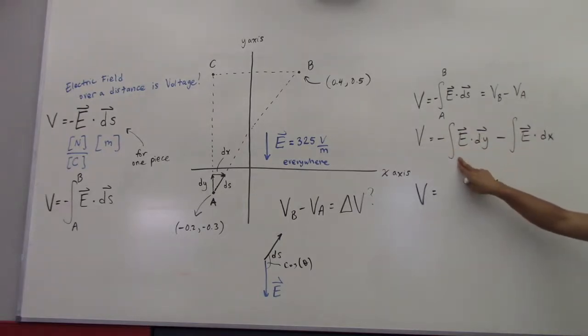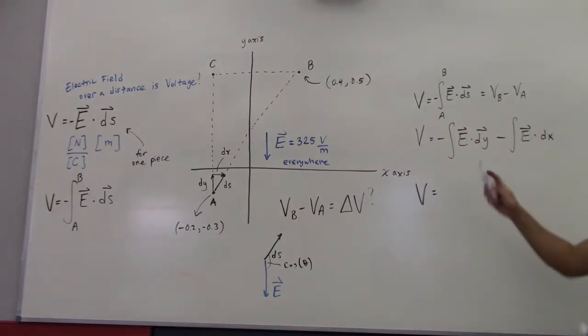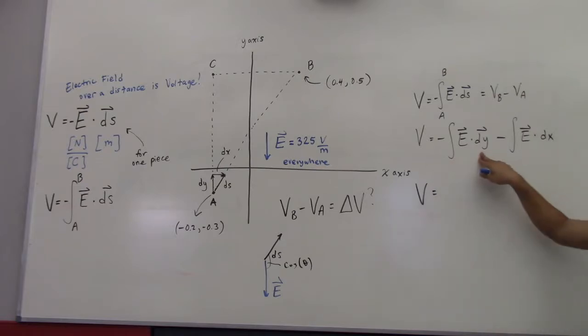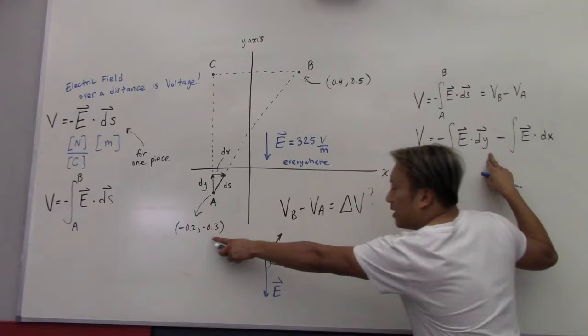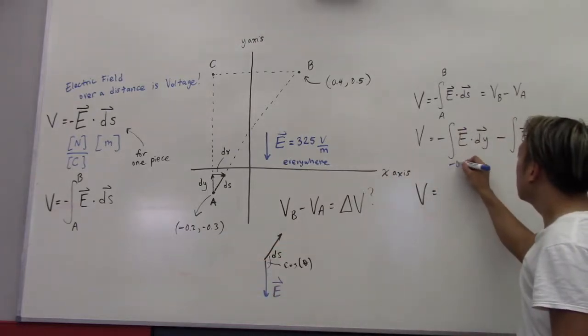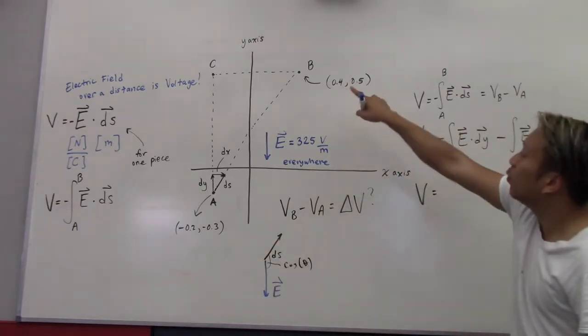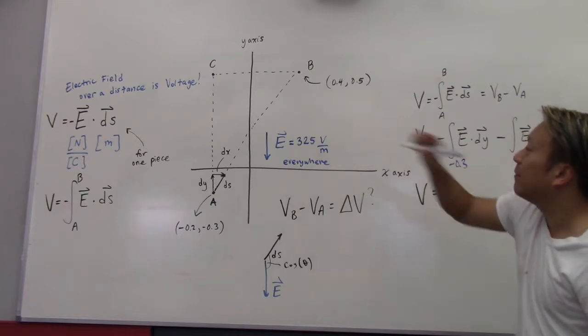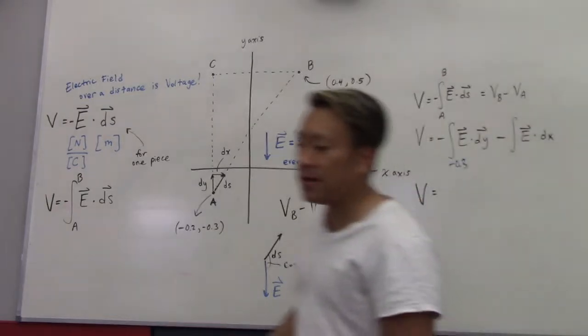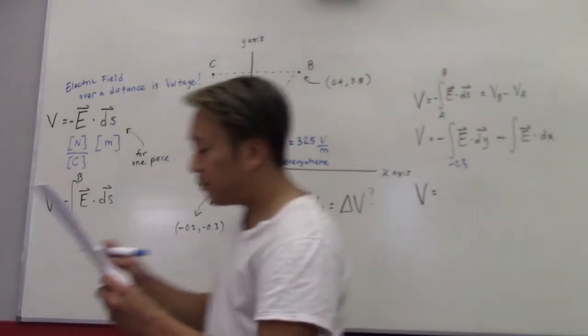So now the limits of integration. Since I'm integrating along dy, I'm going to look at the y coordinates. So the y coordinate is negative 0.3 to the y coordinate for my C, right? So that's going to be negative 0.3 and 0.5.